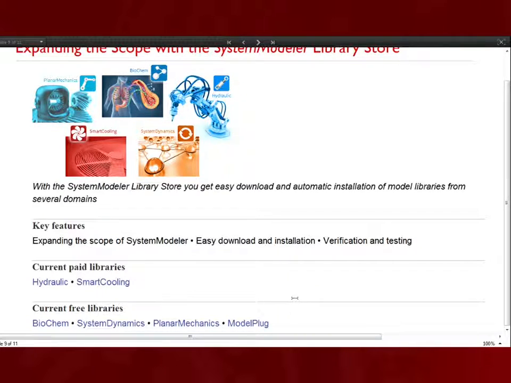So we have quality measures on what you have to provide in the library in order to submit it to our library store. It also comes packaged, so you double click it, it installs automatically, and you can add descriptive videos, documentation, and so on in a very nice format. So there are several reasons for this store.